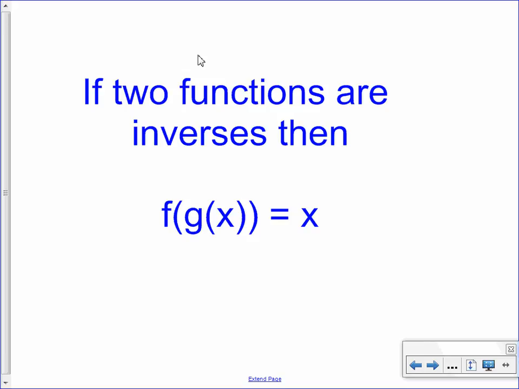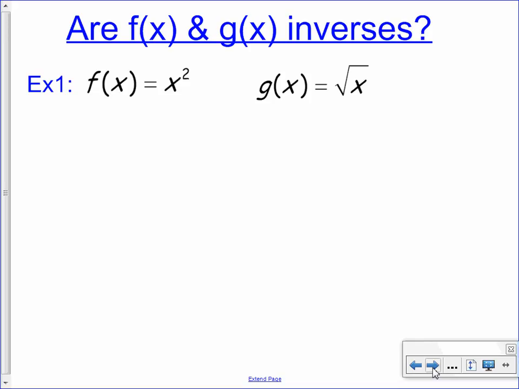All right, here we go. Compositions. F of x is x squared and g is root x, are they inverses? Here's how you tell. Take f of g of x. The f function is x squared, so you're just replacing that x with the g function. What happens to root beer in a square glass?